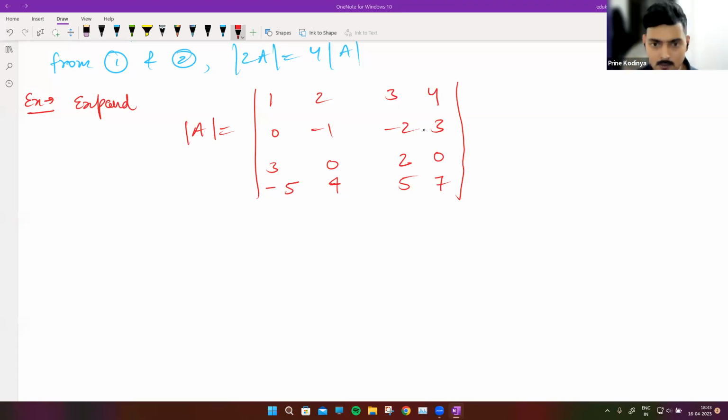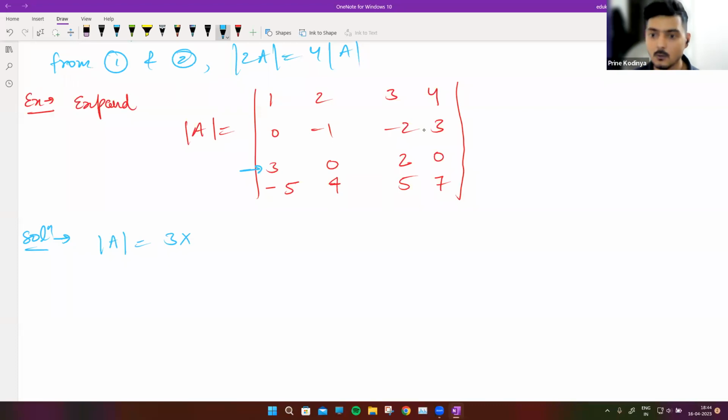Now, just to give you a hint, don't worry, this is a very big determinant but we will be able to solve it. First of all, we have to make sure what the sign is. So I'm expanding along the 3rd row. So delta A would be 3 into the cofactor of 3.